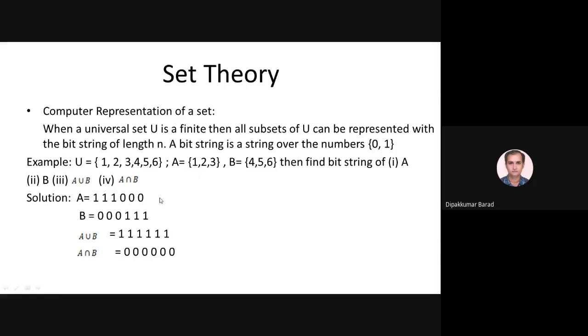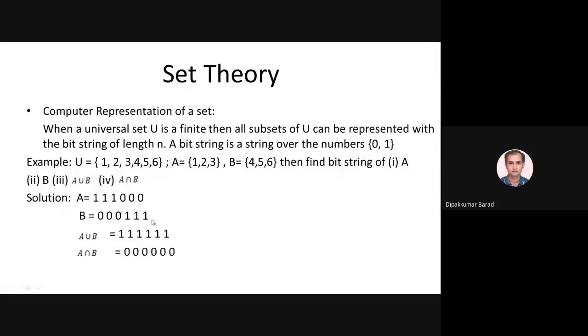Those elements which are in the universal set as well as in the given set get a 1. Now B is {4, 5, 6}, and in the universal set we have 1, 2, 3, 4, 5, 6. Since 1, 2, 3 are not part of B, I get 0, 0, 0, 1, 1, 1.